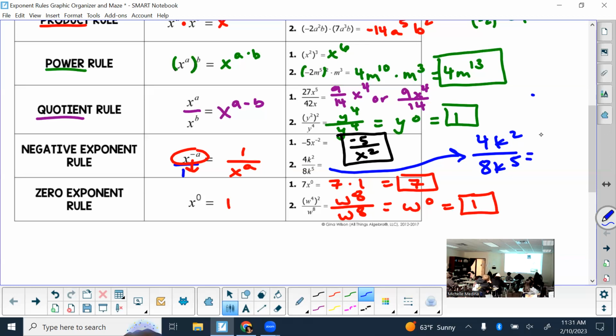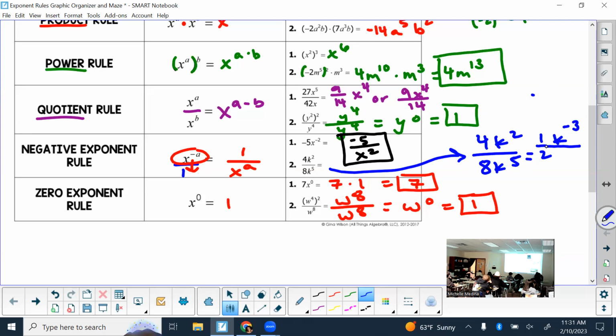Good. And then according to our exponent rules, we do what with these exponents? So I get k to the -3, which we don't like to be there. So as of right now, when we did the problem, it's in the numerator.